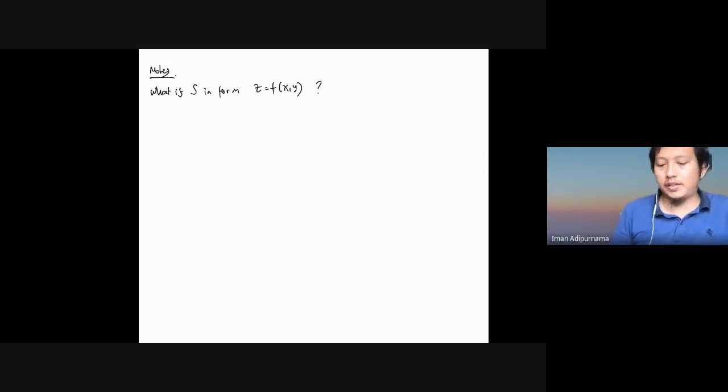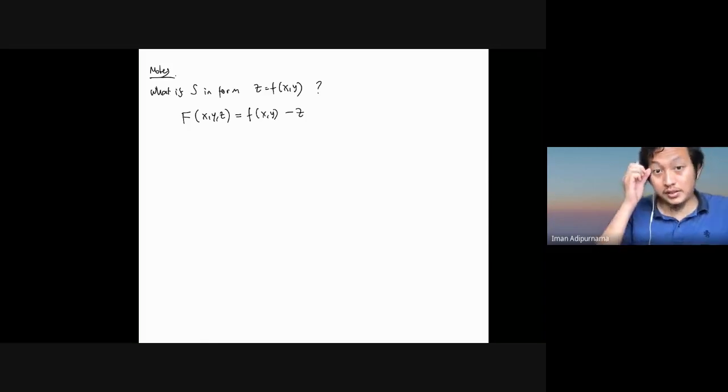How can we write the tangent plane? We can also write the tangent plane, but first we need to define x, y, z like this, and then define this in terms of z, so minus z.